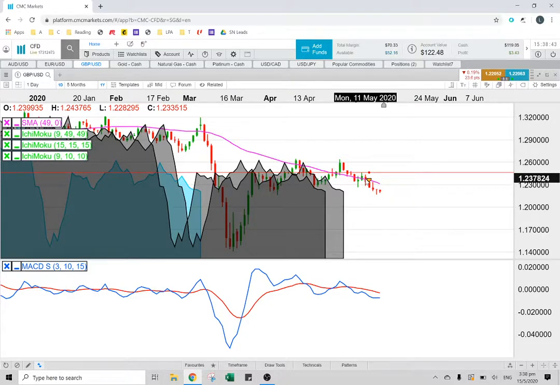So we could make a case of moving our stop loss. If it gets all the way to the high at 1.2437, which is this candlestick, we might want to get out. Although we could put it here as well, 1.2437 would be good. Let me edit it.